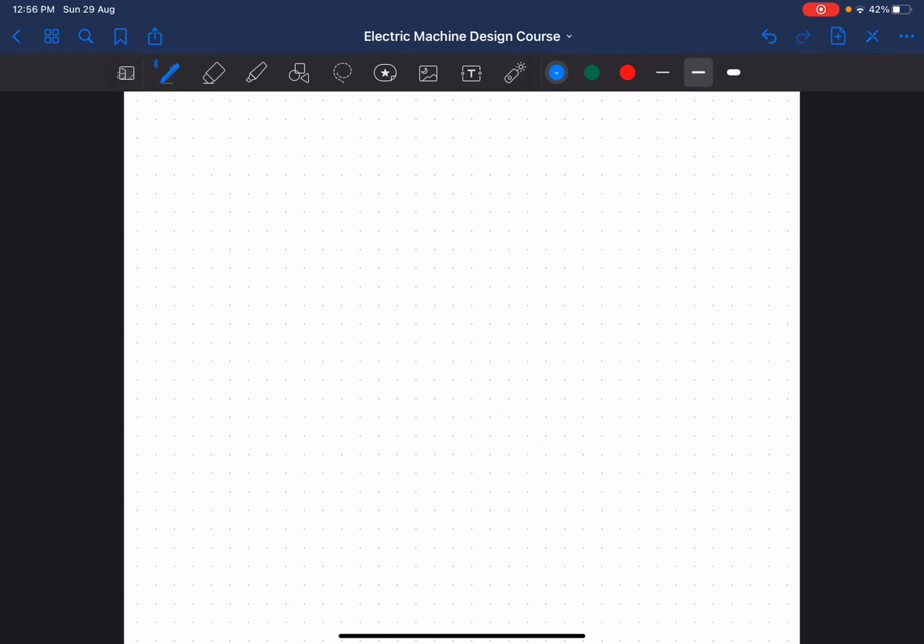In small transformers, the path of the flux is small, right?